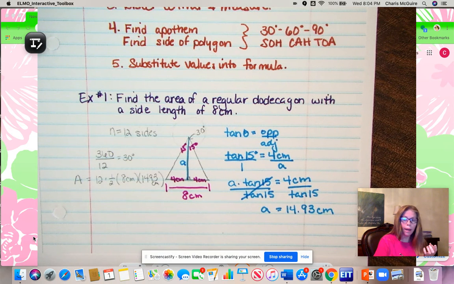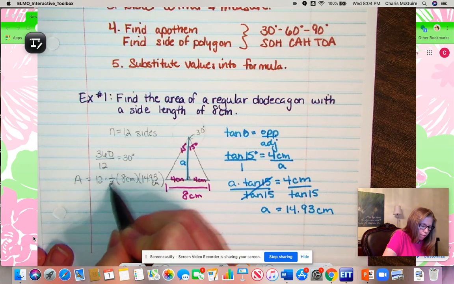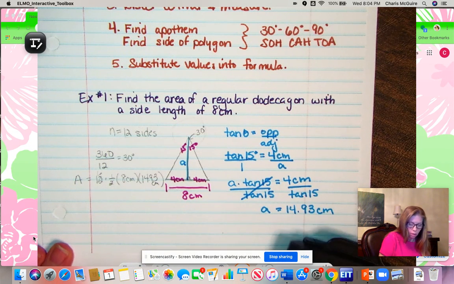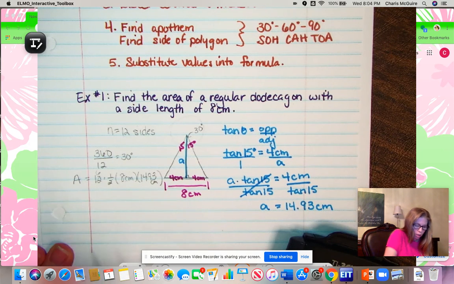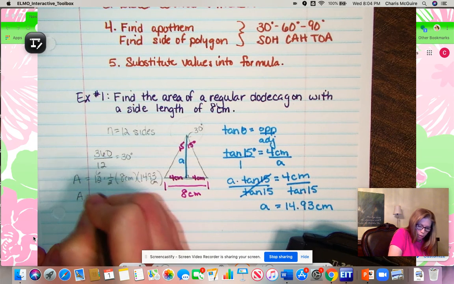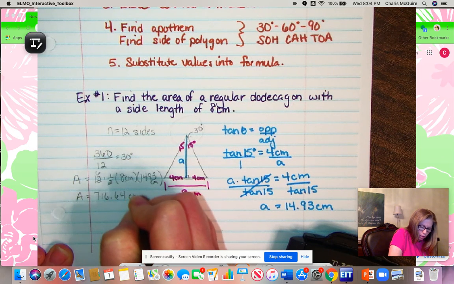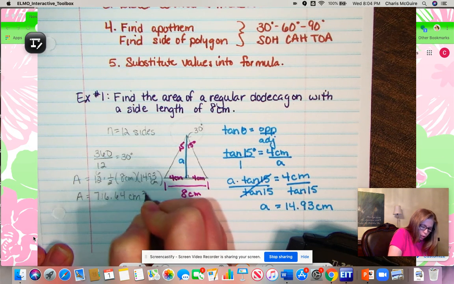All right, so go ahead and put that into your calculator. Now, if you look at this, we have 1/2 of 12 is 6, and 6 times 8 is 48. So it is 48 times 14.93, which is a big number, 716.64 centimeters squared, because it's area.